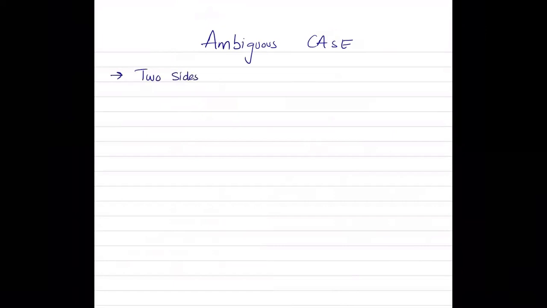So let's do the ambiguous case again over here. The first condition for the ambiguous case is that two sides and a non-inclusive angle are given.